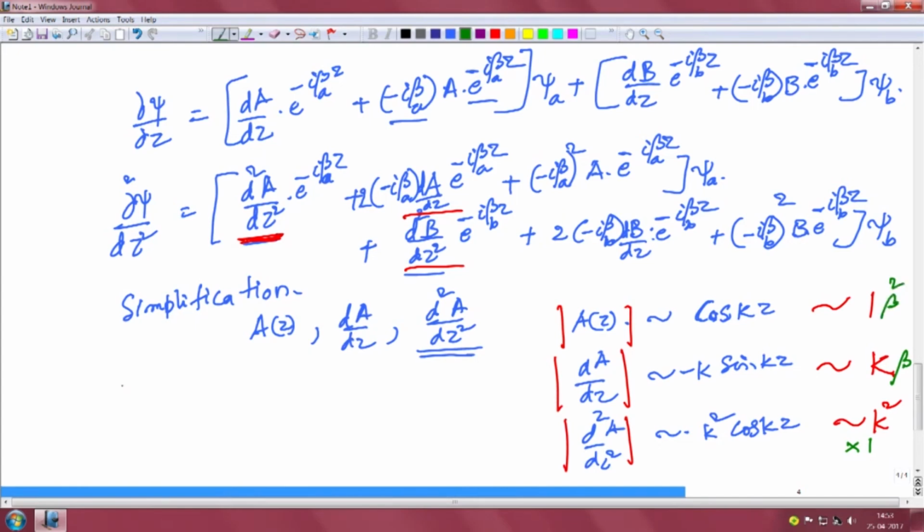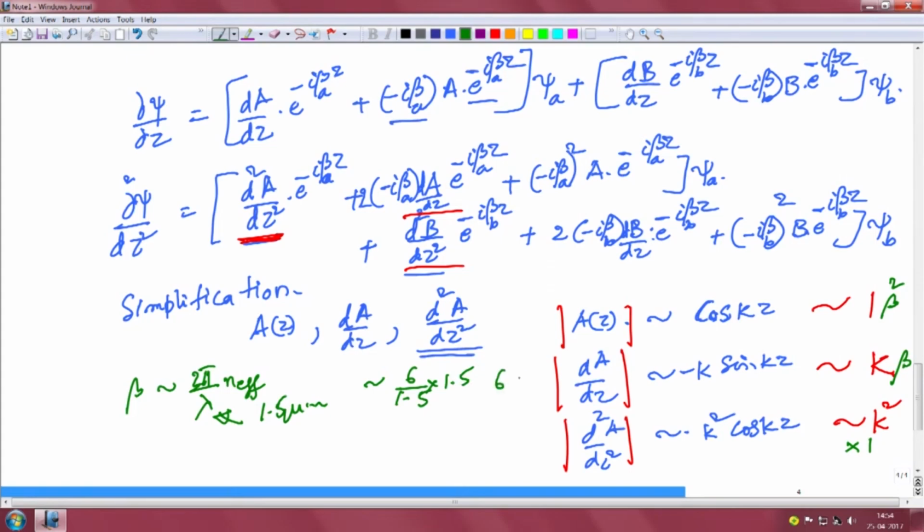I am doing a very rough calculation to check whether some of these things can be neglected. Beta, as you know, is 2 pi by lambda into n effective, and lambda is of the order of the wavelength of light, let me say communication wavelengths, 1.5 microns. So you have beta going as around 6 by 1.5, refractive index also of the value of 1.5.